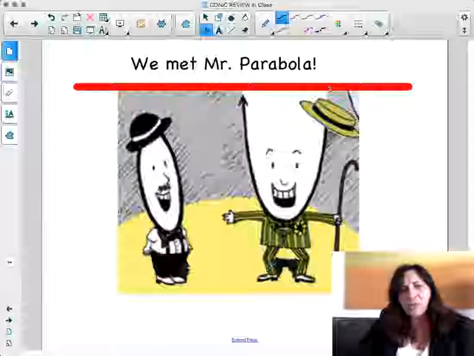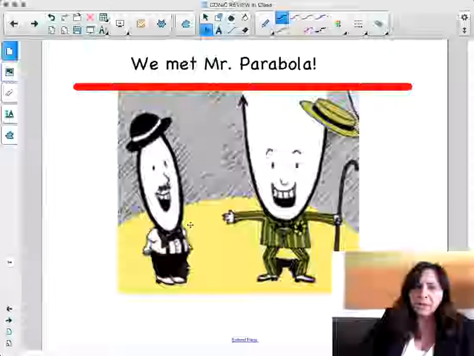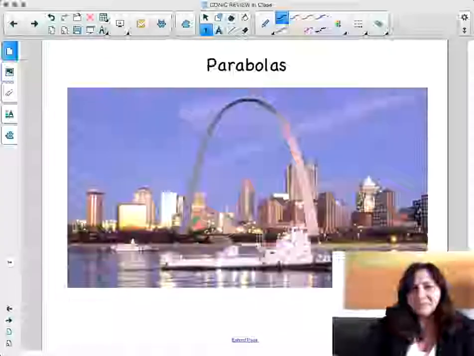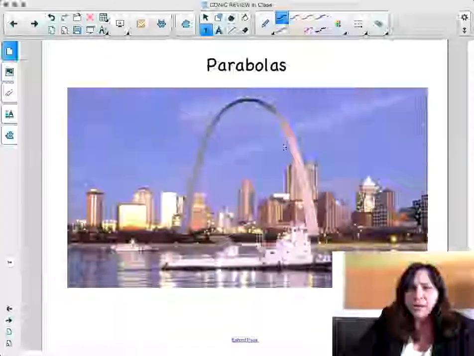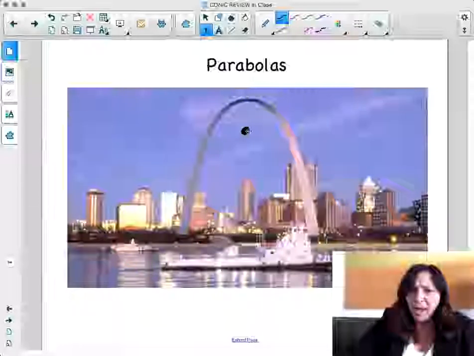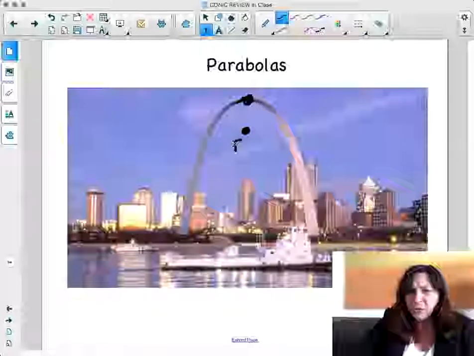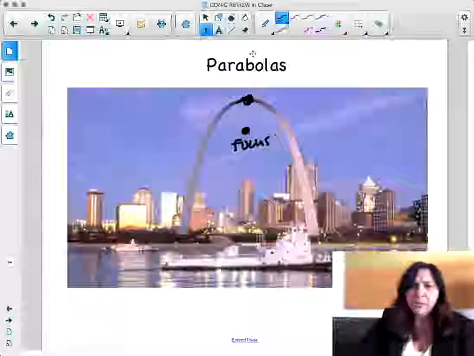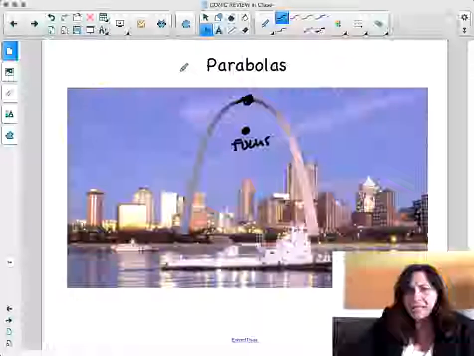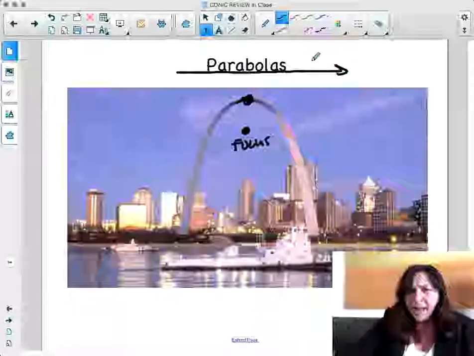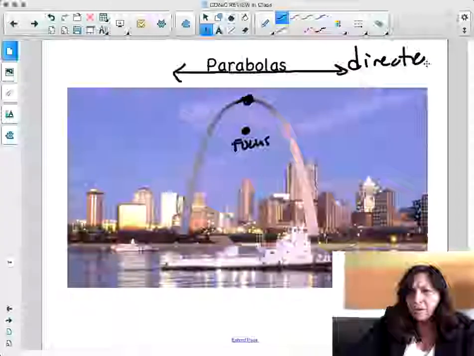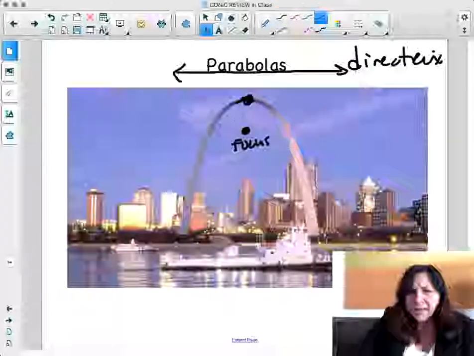So then we met Mr. Parabola, and we went from ellipse to parabola. Parabolas were kind of interesting because parabolas also had a vertex, that's my vertex right there, but they also had a focus point, just like a hyperbola and an ellipse. Additionally, they had something extra, and that was called the directrix. You also had this length right here.